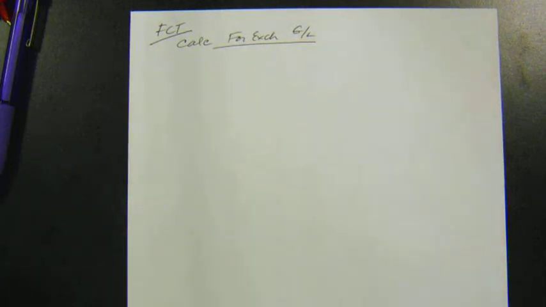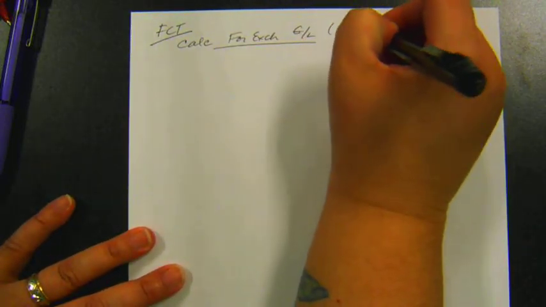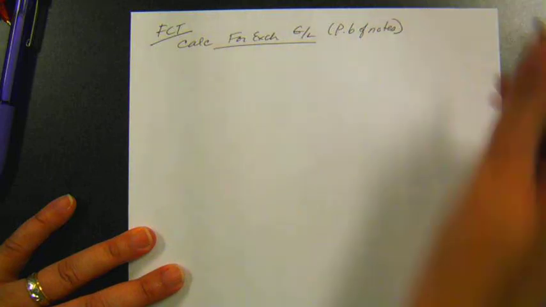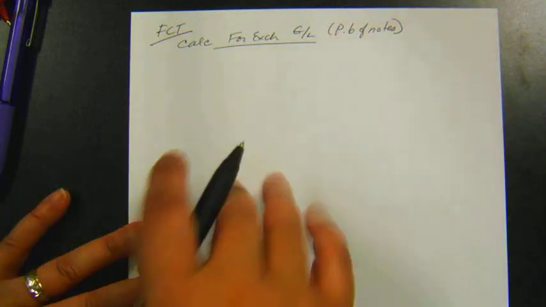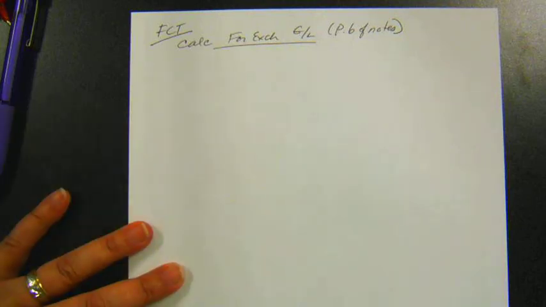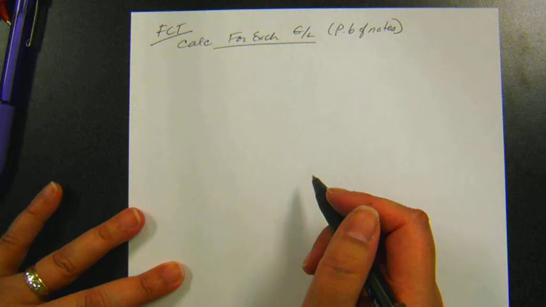Okay, so if you're trying to reference your notes, this is on page 6 of your notes. So I want to get through the FCT and then do the multiple choice. So I'm just going to start going, if that's okay.